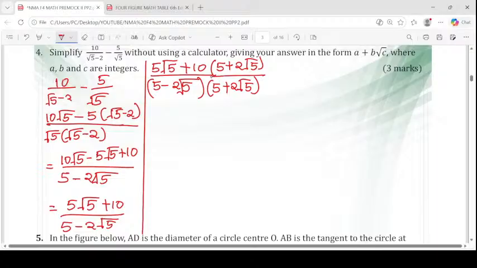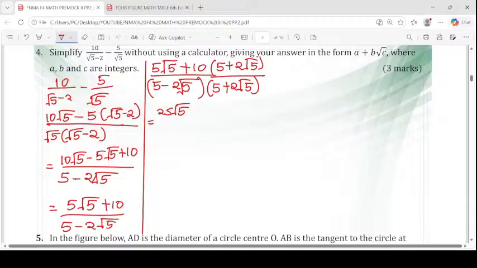I'm rationalizing our denominator. See how I'm going now to do this multiplication. 5 root 5 times 5, that becomes 25 root 5. 5 root 5 times 2 root 5, that becomes 10 root 25.